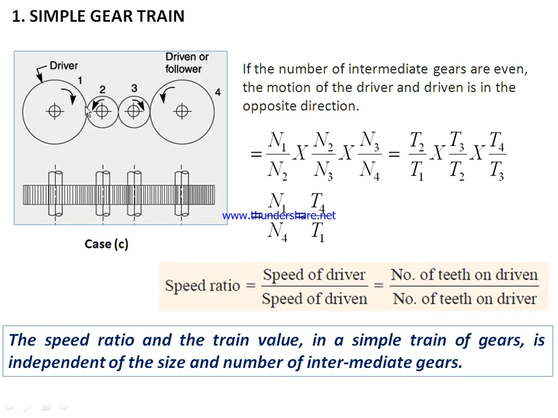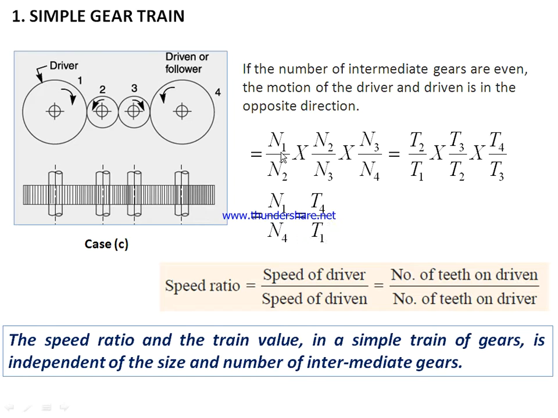Now let us say there are two intermediate gears between the driver and the driven, meaning there is an even number of gears. Now in this case, what is the velocity ratio or the speed ratio? When you take 1 and 2, this is the speed ratio, and when you take 2 and 3, this is the speed ratio, and when you take 3 and 4, this is the speed ratio, and it must be equal to the corresponding number of teeth, that is T2 by T1, T3 by T2 and T4 by T3.